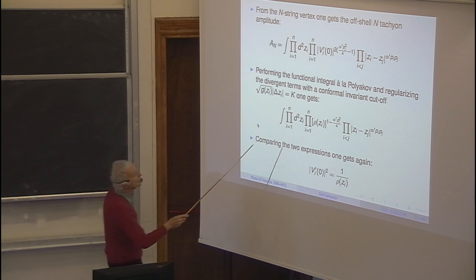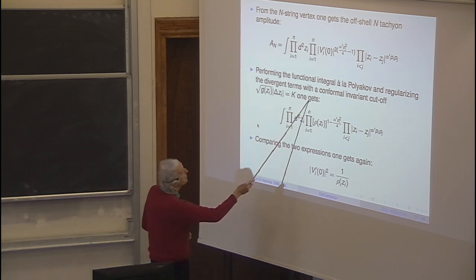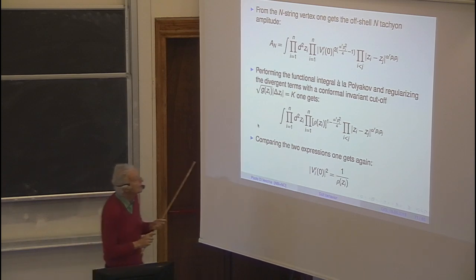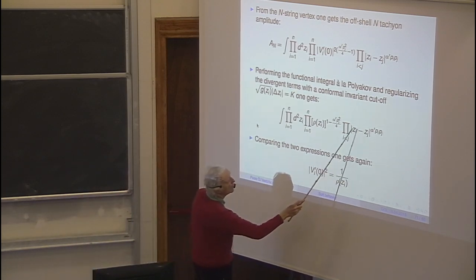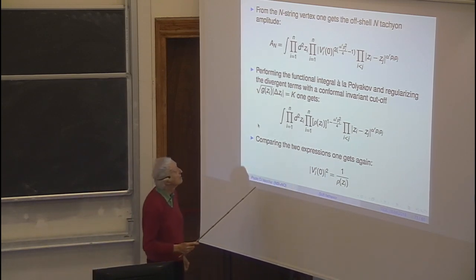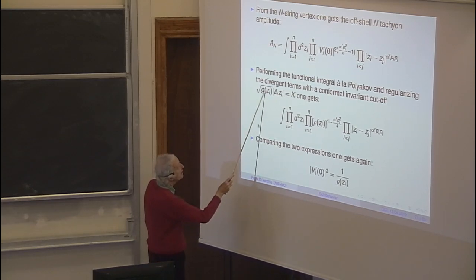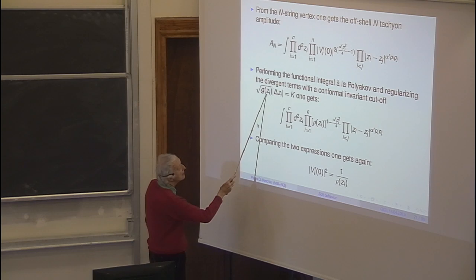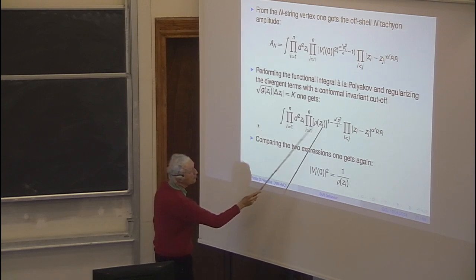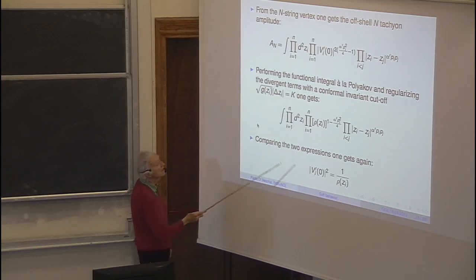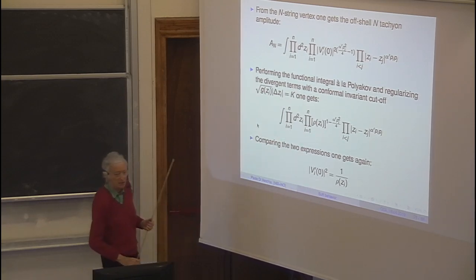On the other hand, you can do the Polyakov functional integral, and in defining the Green's function, you also have the term where i equals j that you have to regularize. This term can be regularized in a conformal invariant way, so they include this G, and that's the expression that you get. And so you see that these two expressions are the same if you take this identification.